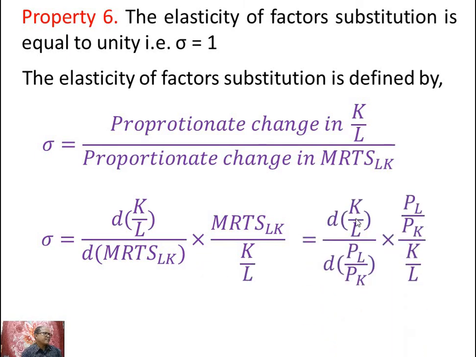That is equal to the derivative of the factor ratio with respect to the factor price ratio PL/PK, into PL/PK, divided by K/L, because the marginal rate of technical substitution between labor and capital is the ratio of factor prices. So the MRTS is equal to PL/PK. Here we have put the value of the MRTS in terms of the price ratio.